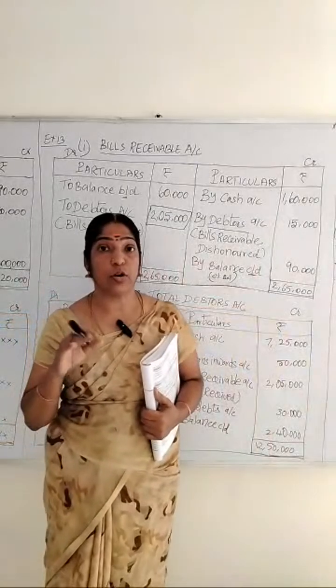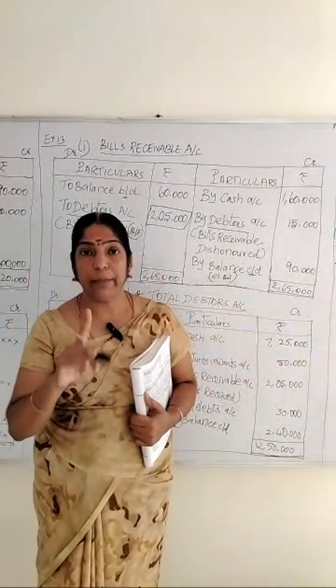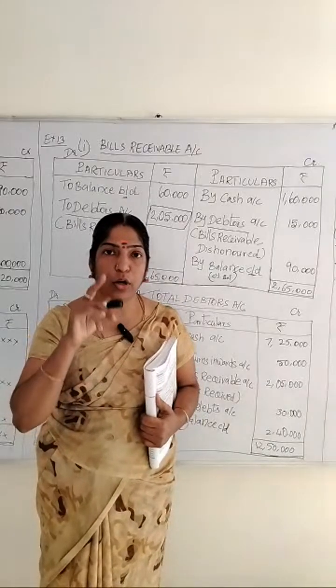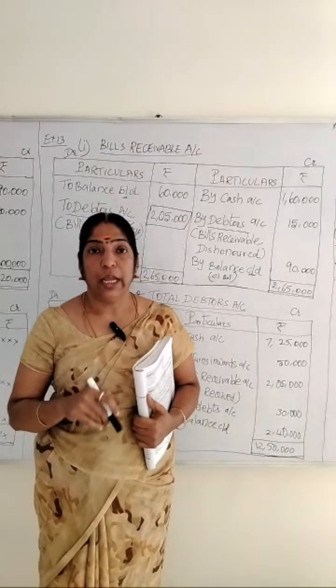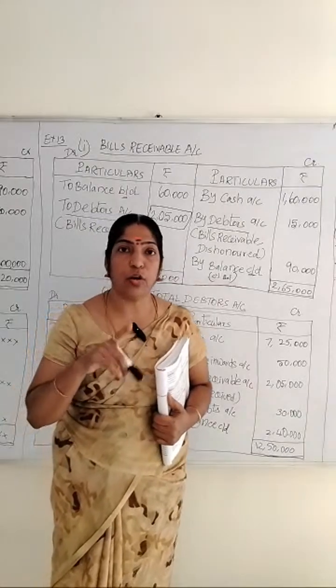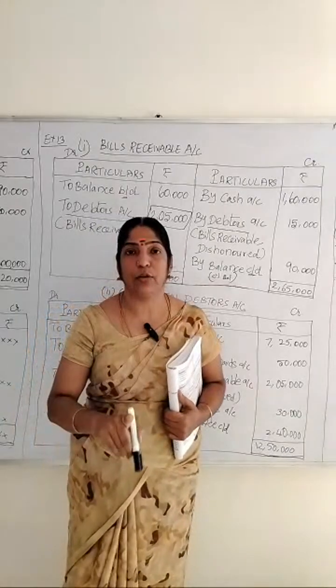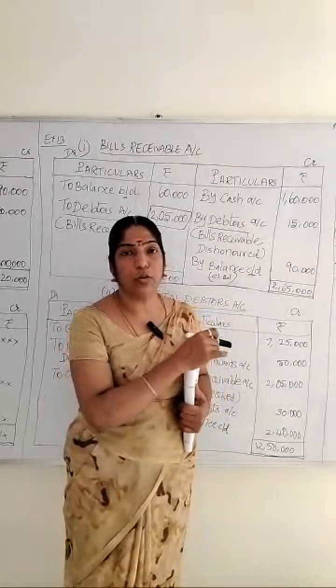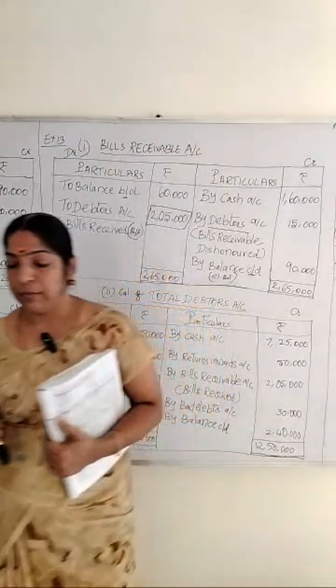We always start with the opening balance of the total debtors account. Total debtors account is one of the ledger accounts. In a ledger account, we always start with the opening balance of the respective account. Which account are we doing now? We are doing the total debtors account. What is the opening balance? Debtors on 1st April 2018, 2,50,000 rupees.